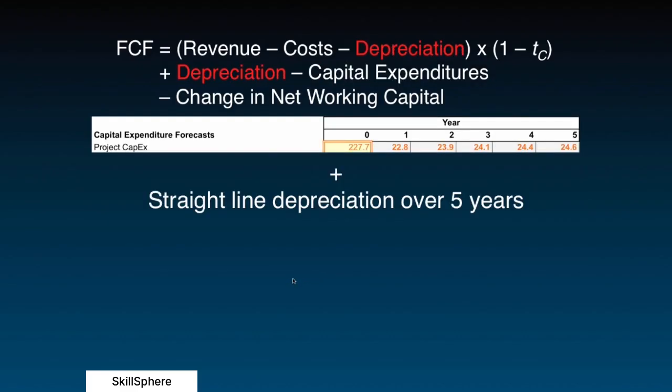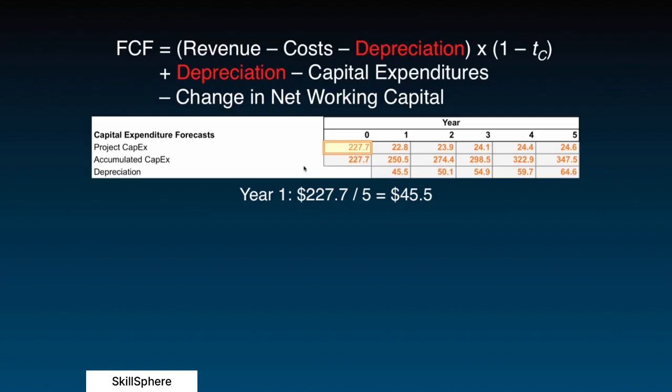Now, we're going to assume we straight line depreciate these capital expenditures over 5 years. What that means is 1/5 of the capital stock is going to depreciate each year. So to make things a little bit easier, I'm going to create a row of accumulated capital expenditures. That's nothing more than the current plus all previous capital expenditures.